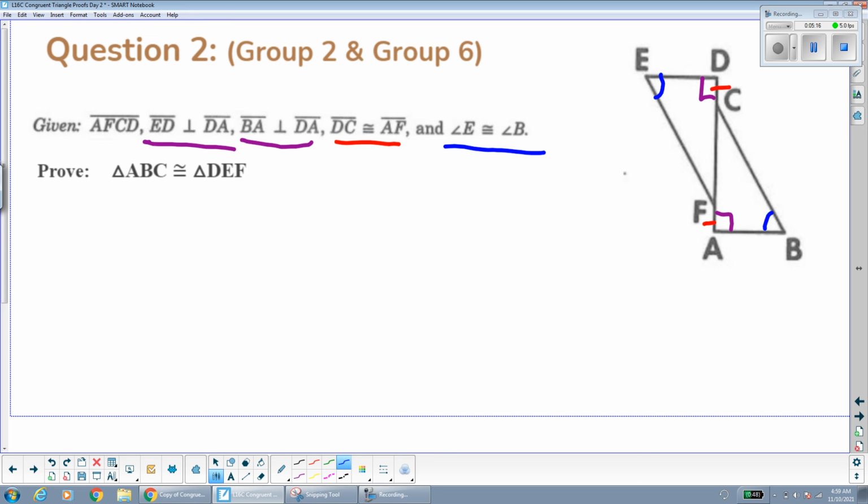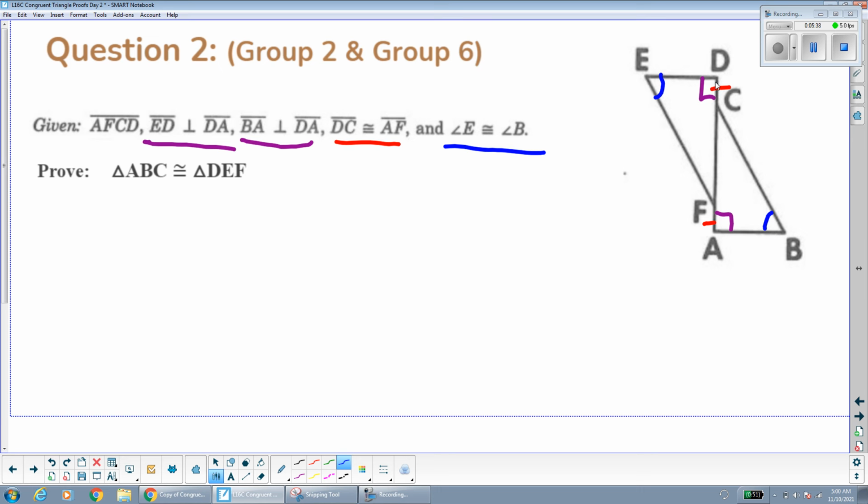So taking a look at what we have here, we have the blue angles and the purple angles. But notice how my congruence mark is on DC here on this triangle and on AF of this triangle. DC is not the whole side of triangle DEF.